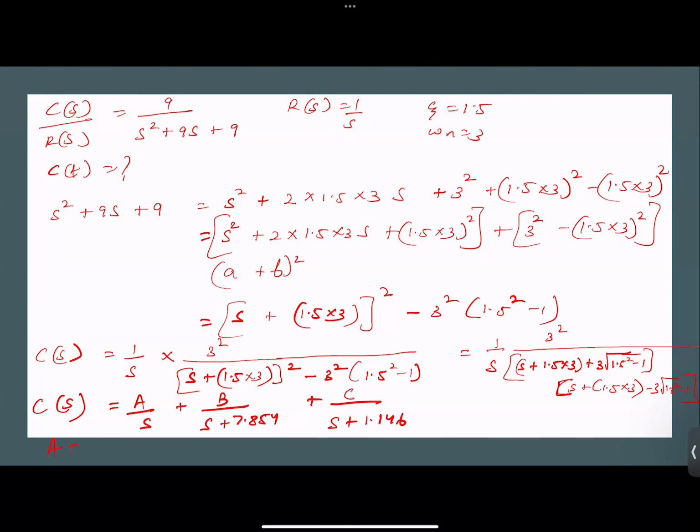What is the value of A, B, and C? And then you can directly get the inverse Laplace transform. What is A, B, C? Just find out. A is 1, right? B is, what is B? Try to find out.